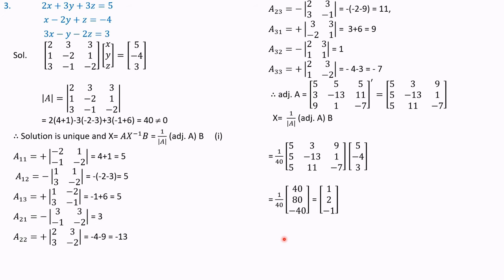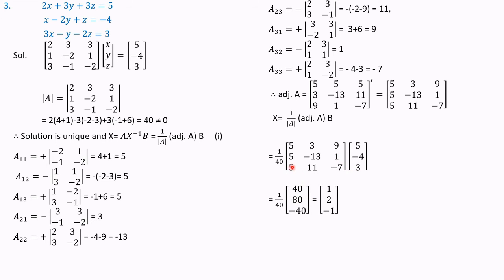So 1 by 40, 5 into 5 is 25 plus 3 into minus 4 is minus 12 and 9 into 3 is plus 27. Simplifying we get 40. Then row 2 into column 1, that is 5 into 5, 25, minus into minus is plus, 4 into 13, 52, 3 into 1 is 3. So we get 80.